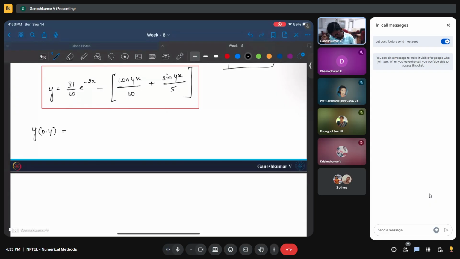Y at 0.4 is 31 by 10 e power minus 0.8 minus cos of 1.6 by 10 plus sine of 1.6 by 5. How much is this? If you guys have the answer, please let me know.